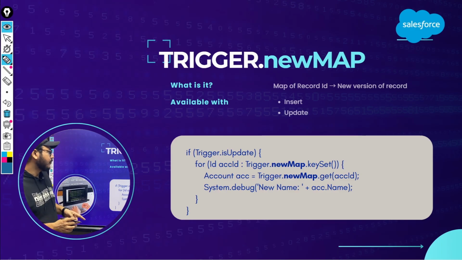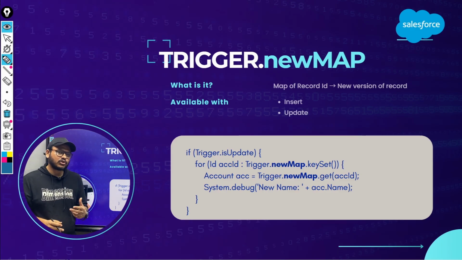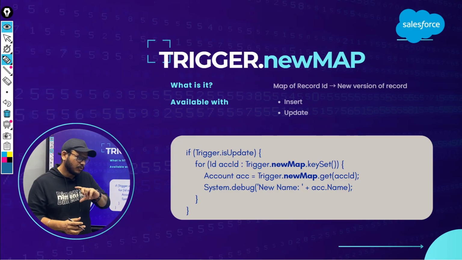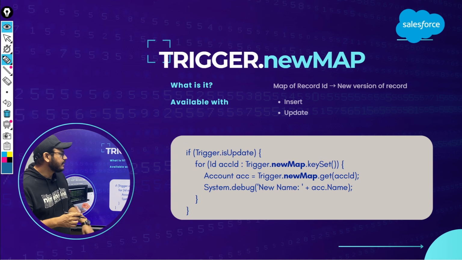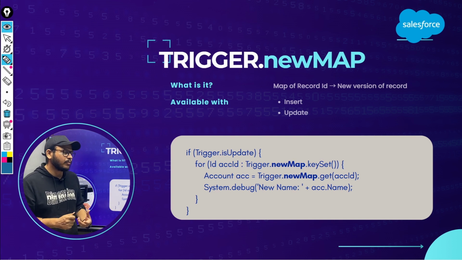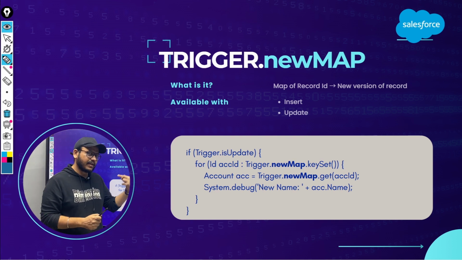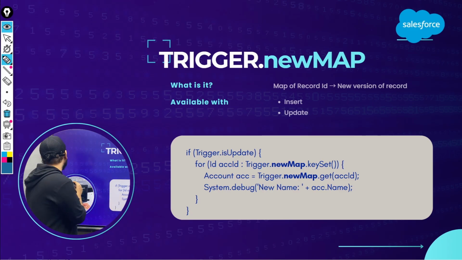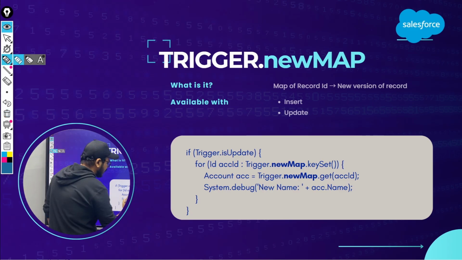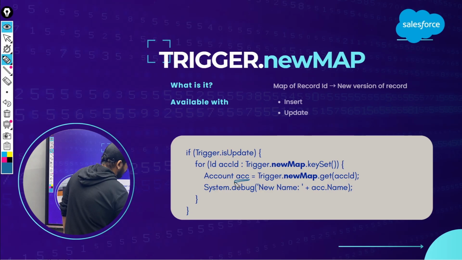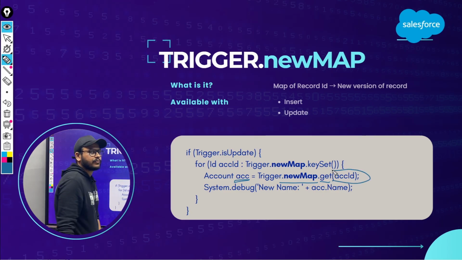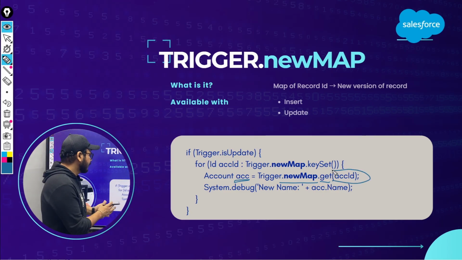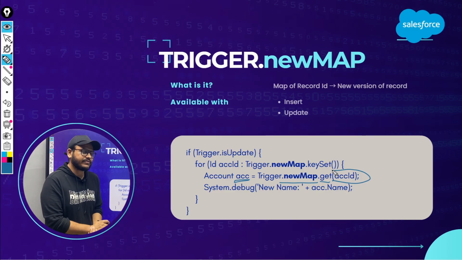However, if you have to execute certain logics or do certain things on specific records inside Trigger.new, then Trigger.newMap gives you the option to retrieve a specific record using the ID, and that's what we are doing here. If you see here, I'm retrieving the record from Trigger.newMap using the ID. This is something you cannot do in Trigger.new, and that is the reason we have the option of using Trigger.newMap.